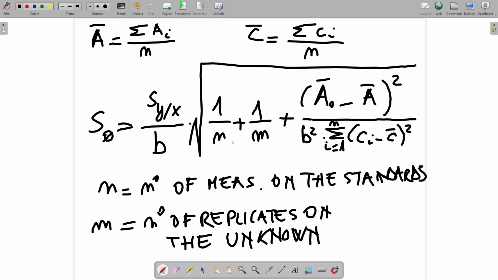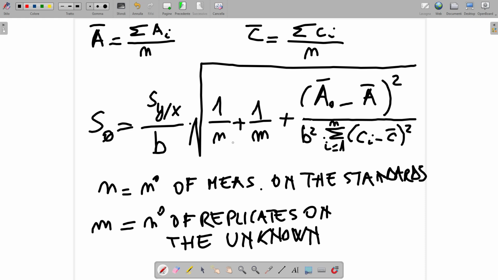It depends on how much time I have and how much of consumables, of chemicals. So I perform as many measurements on standards as possible. And the same holds true for M. Do you agree?